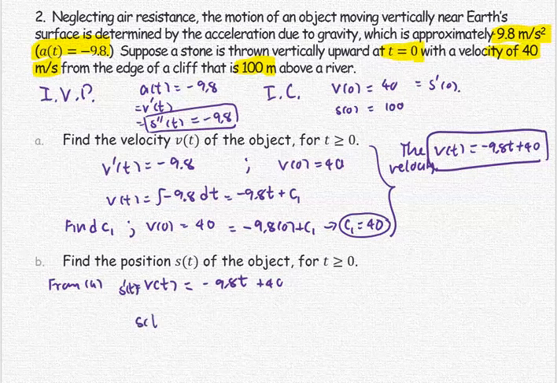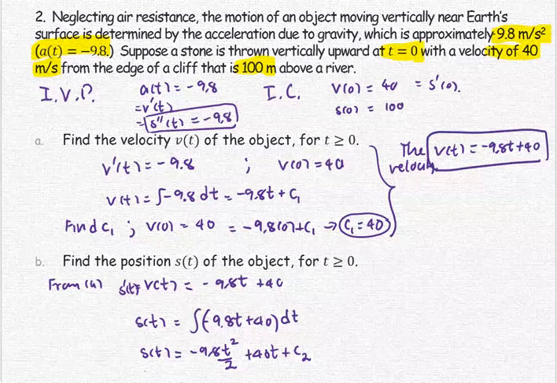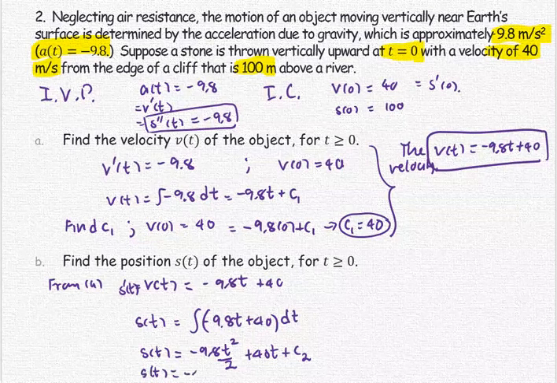So the position s(t) can be obtained by finding the antiderivative of negative 9.8 t plus 40 with respect to t. We get the position function s(t) equals negative 9.8 times t squared over 2 plus 40 times t plus c2 as a constant of integration, or s(t) equals negative 4.9 multiplied by t squared plus 40 times t plus c2.